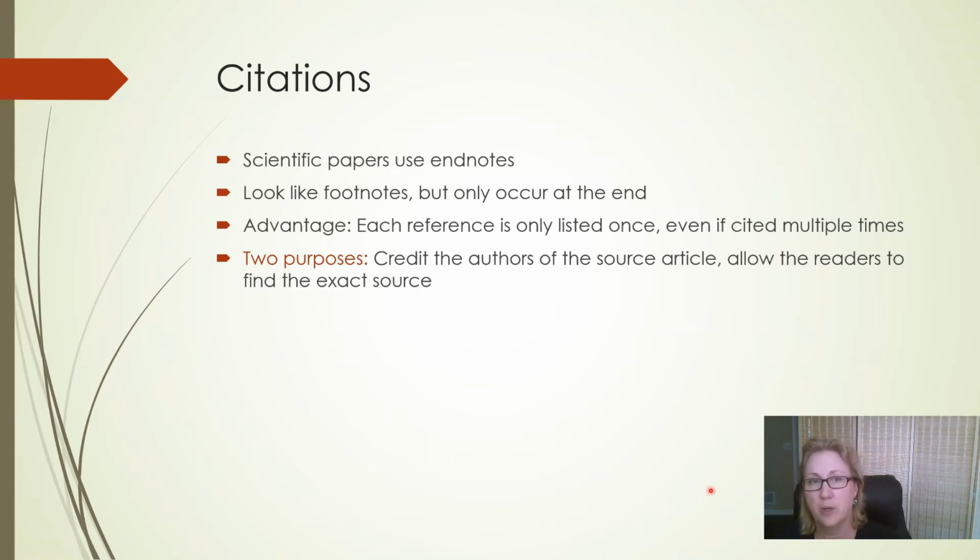And that's really important. Now, generally, endnotes for books, especially scientific books, are often for actual notes, like extra information that they didn't want to put in the text to clutter it up.